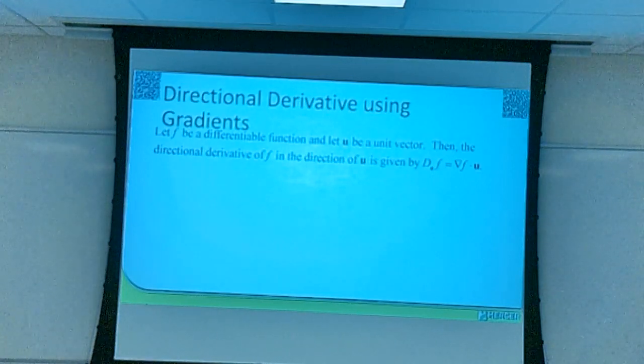It's just del f dotted with a direction vector. And again, important to note, your direction vector has to be unit in length, so that when you take its dot product, you're not changing the magnitude of the gradient.